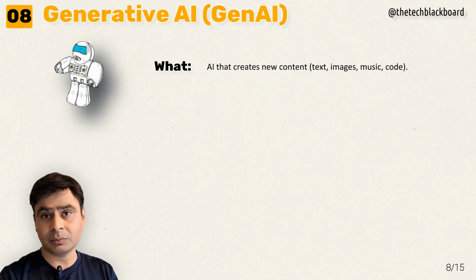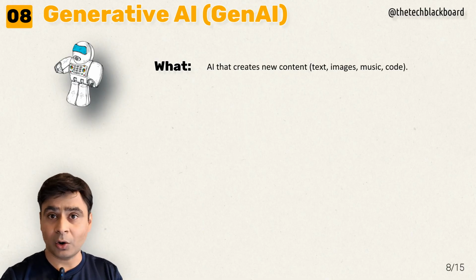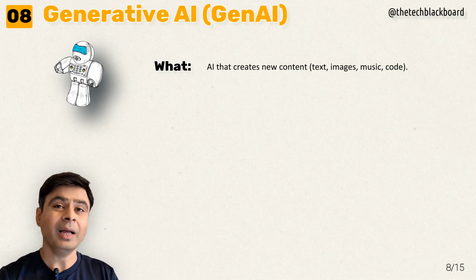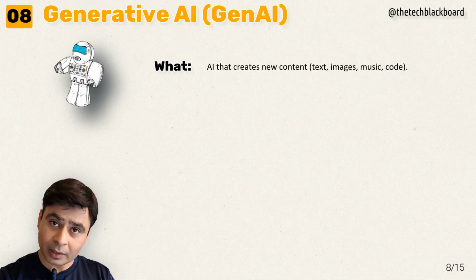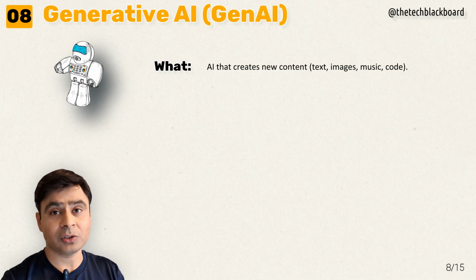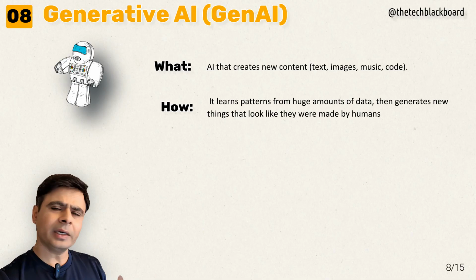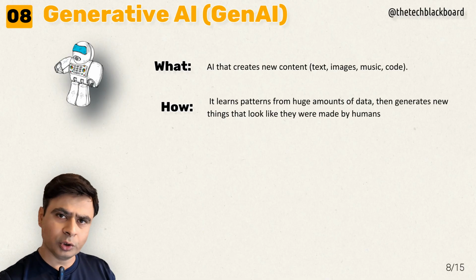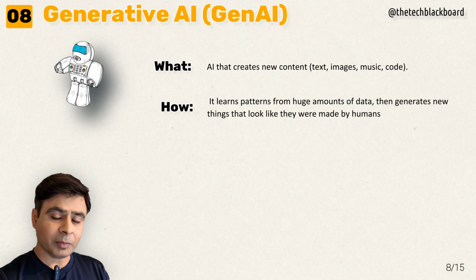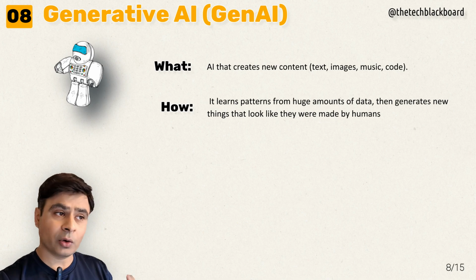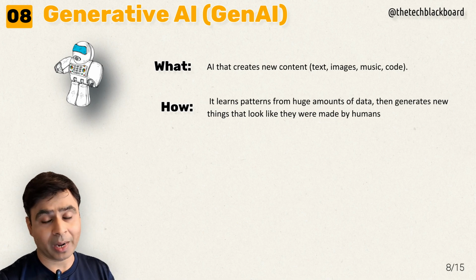It could be text, images, videos, or some essay, note or summarization, anything that did not exist earlier but the AI generated. How does it work? It learns patterns from a huge amount of data, and then it generates new things that look as if they were made by humans.